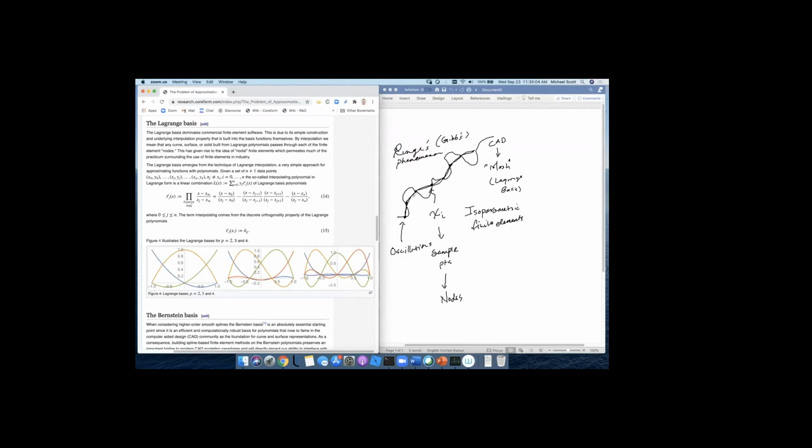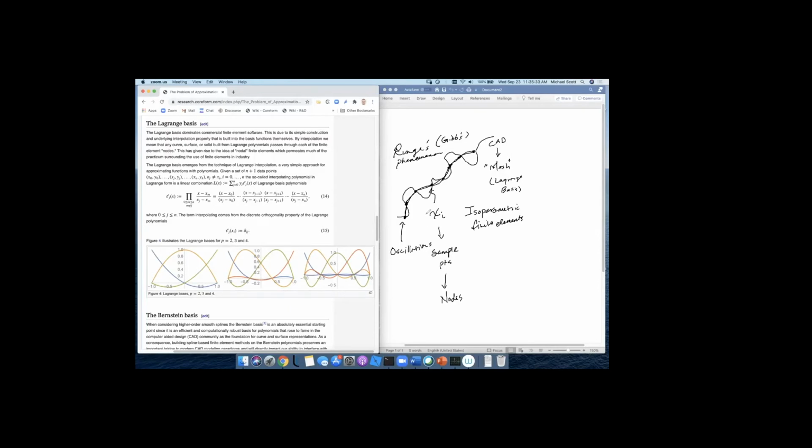It just continues to oscillate. That is an issue with using interpolation, because you're forcing a function to go through a set of points where, energetically, it may not make the most sense to enforce that.